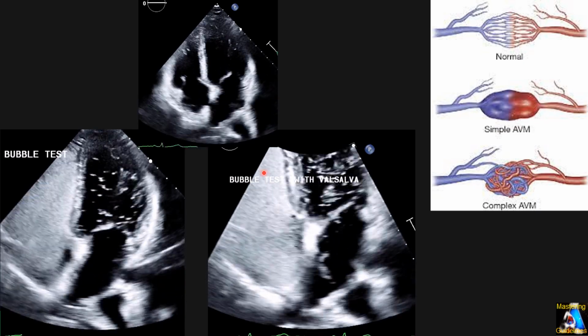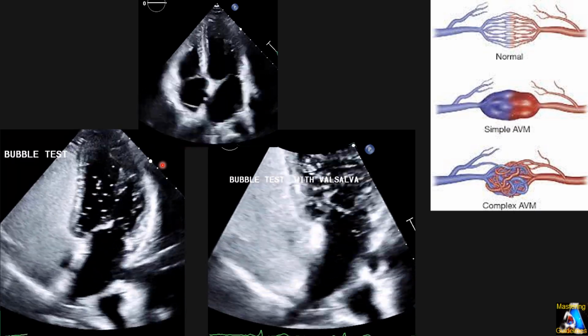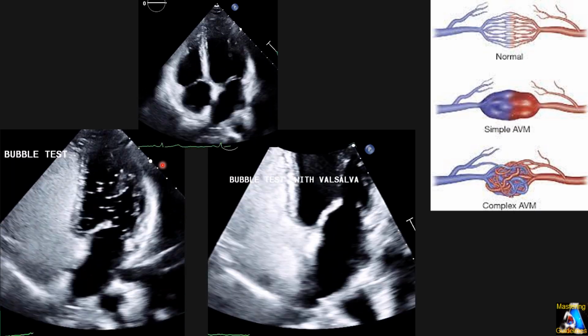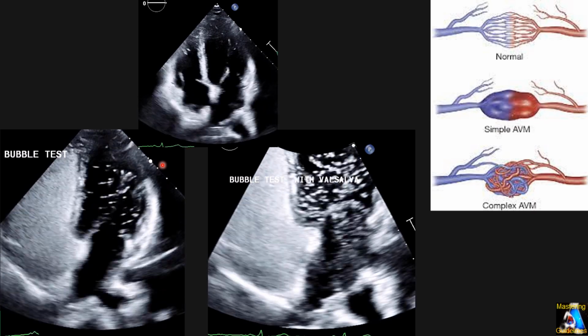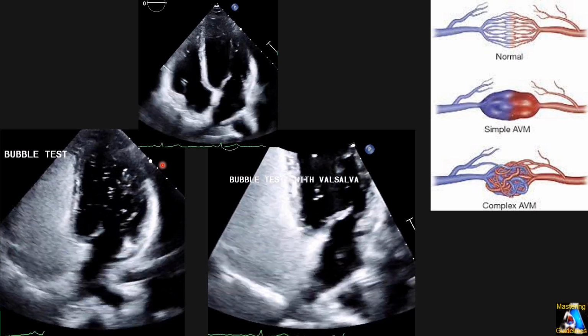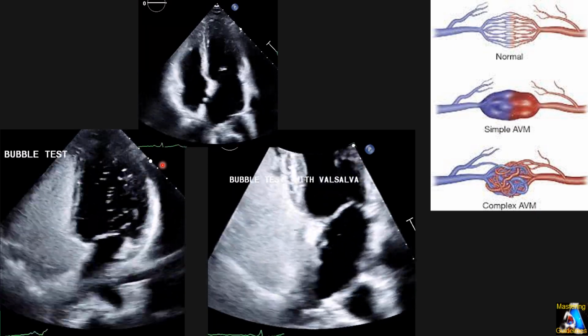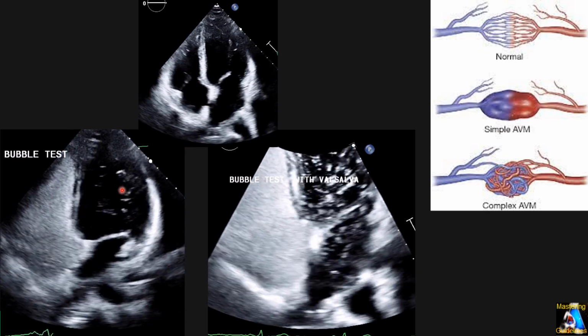The point of this case is that always, in those cases where we are going to rule out right to left shunt, we have to think about AV malformation too and do the bubble test with Valsalva, and not rely only on the fact that it's positive.